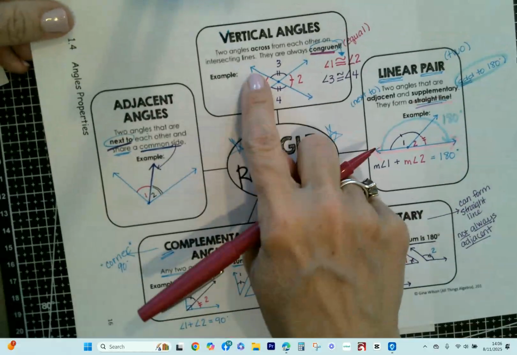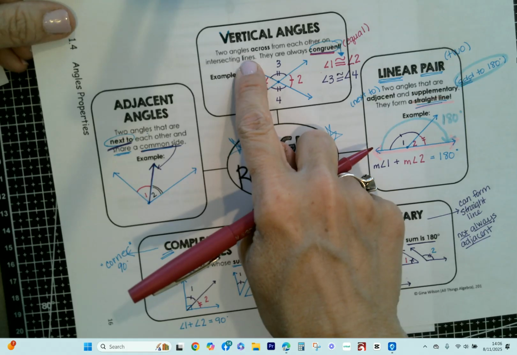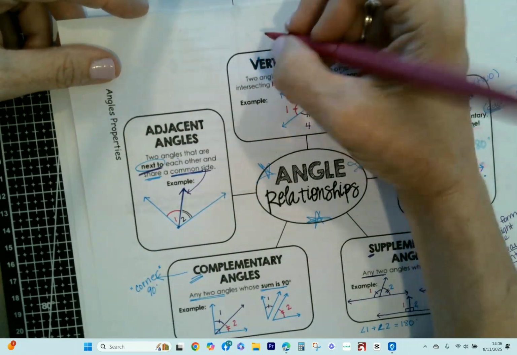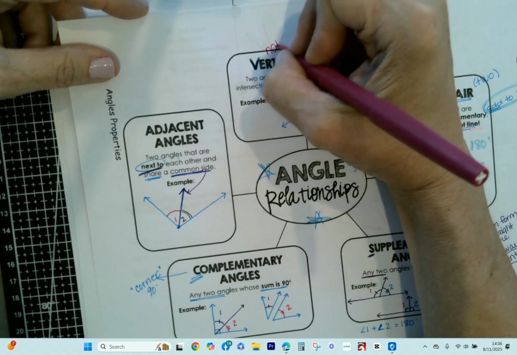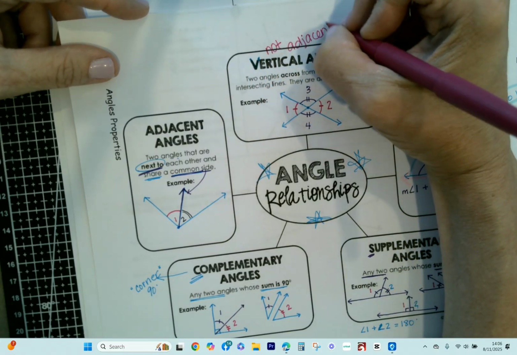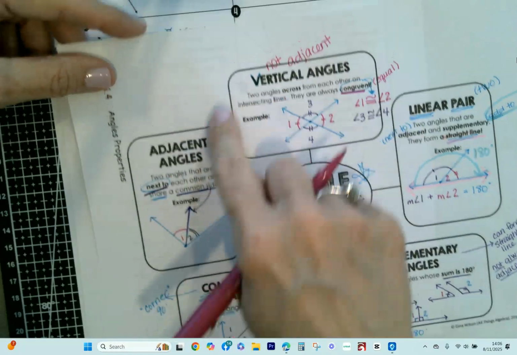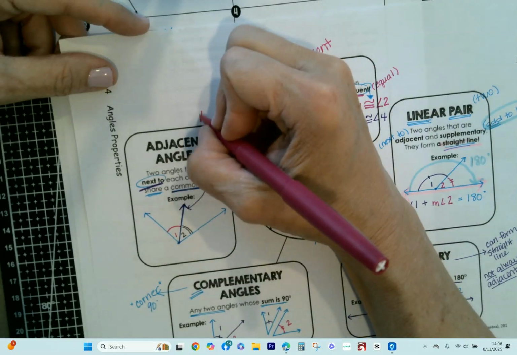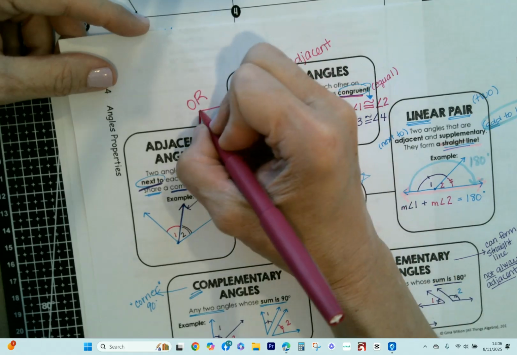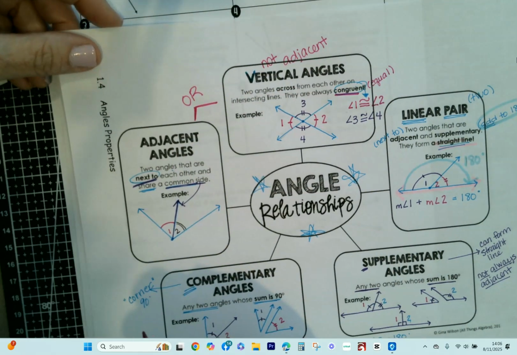So real quick, vertical angles, these are not adjacent. When you're classifying adjacent or vertical, this is an either or situation, like we just saw.